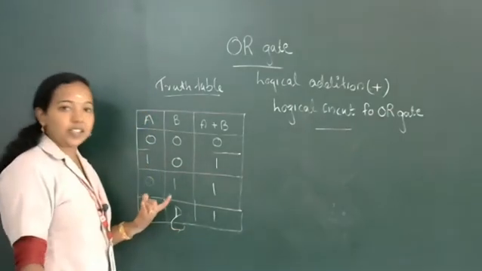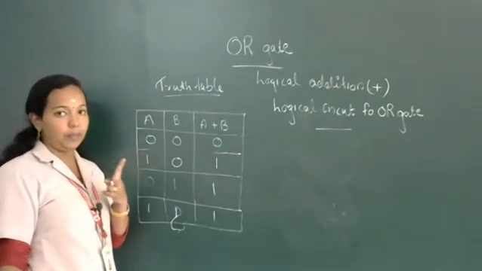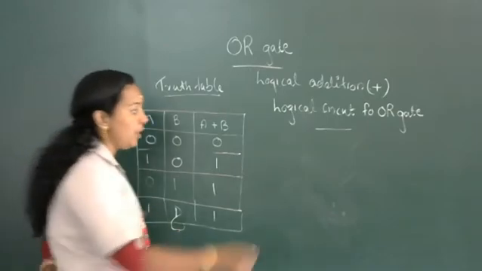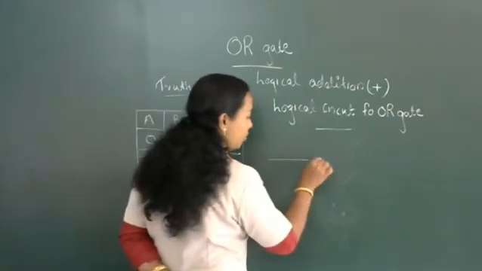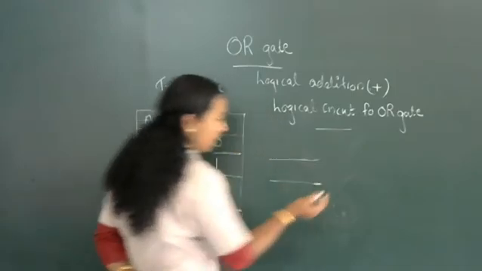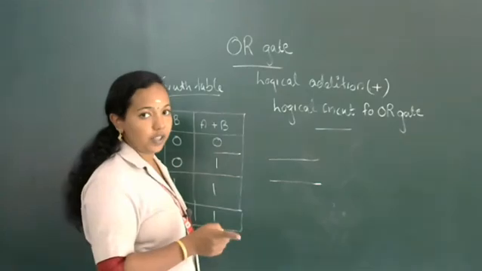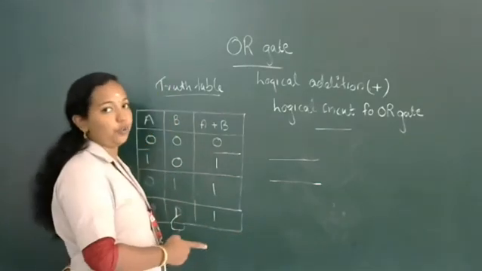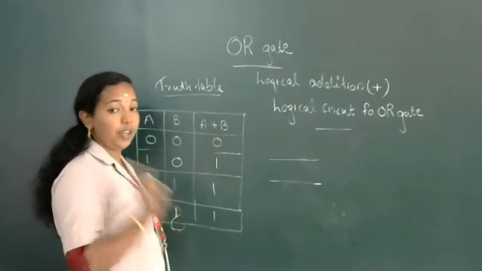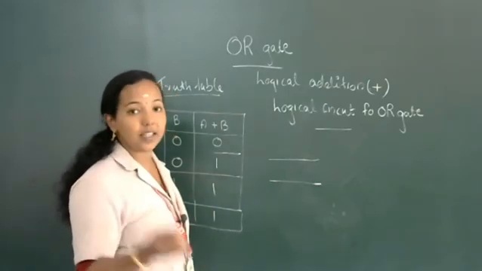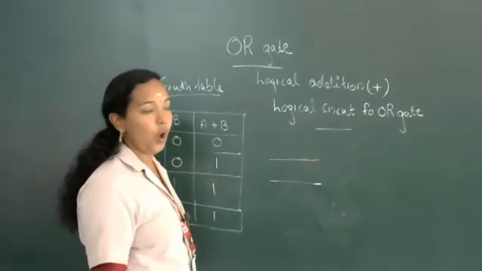In this example, I am using the 2-input method, which means I am drawing 2 input lines. Please listen, because it is very, very important. You have to draw the circuit diagram, the truth table, and also explain the operation. It is a very, very important question. So listen to how we draw the logical circuit diagram for the OR gate.